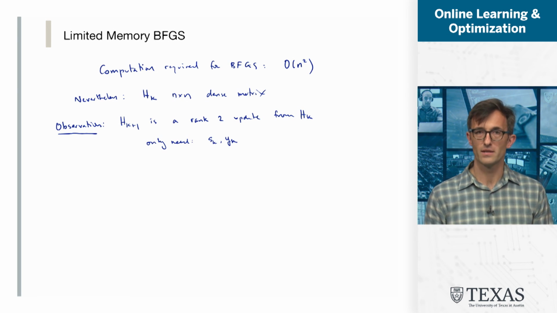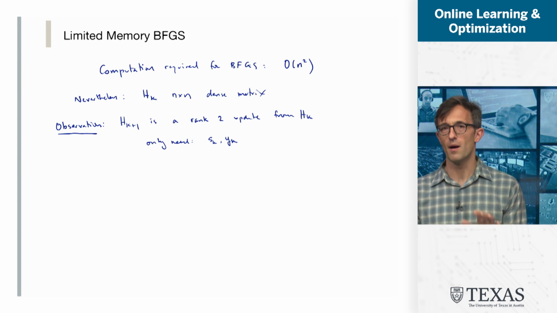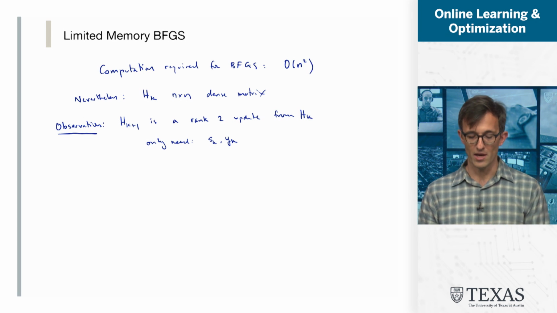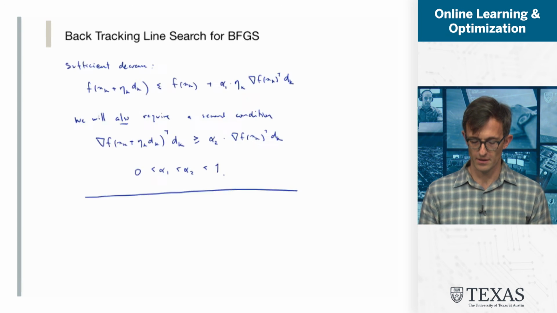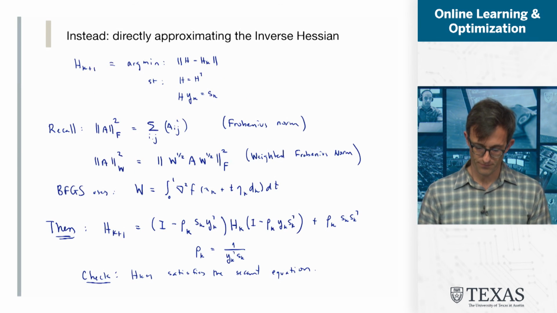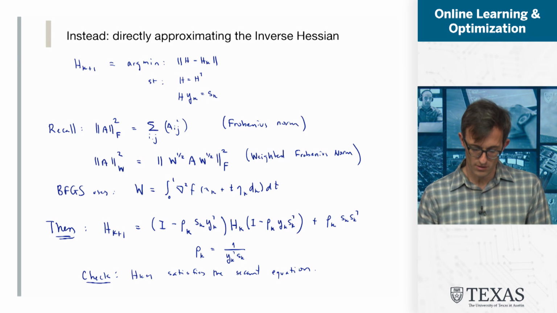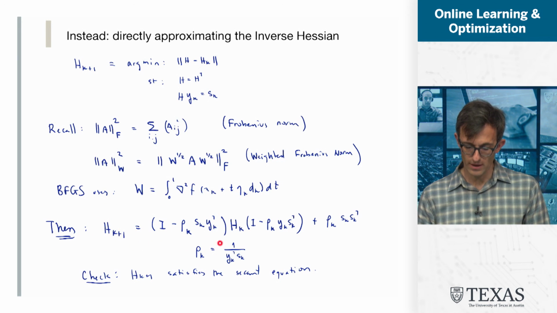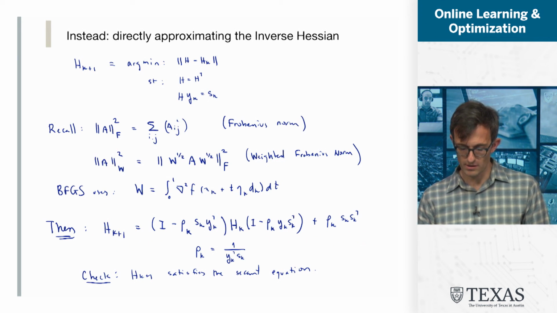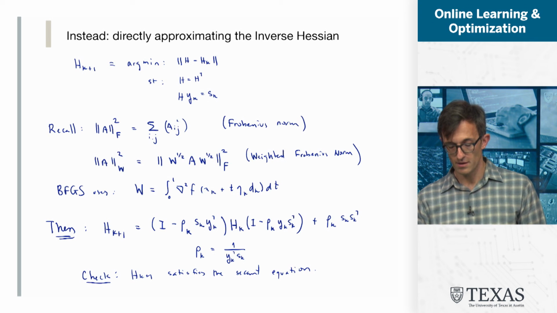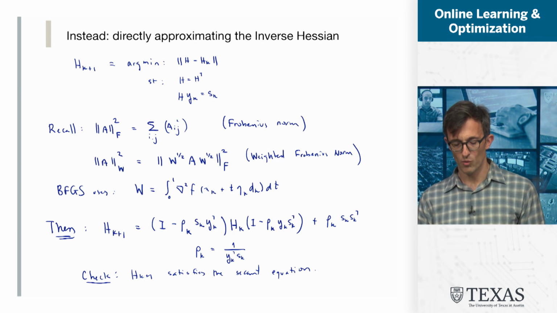Let me flip back again just so we can, for 1 minute, look at the update for HK to HK plus 1 so we can see that explicitly. Looking here at the update, we see that as long as I know SK and YK, that means that I can compute HK plus 1 from HK. So the idea here is, what if I just keep some number of these, but not all of them?